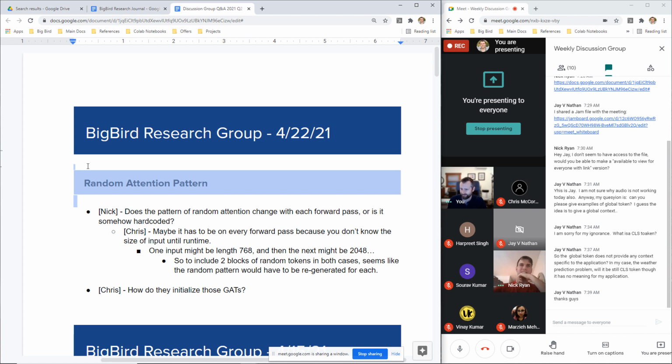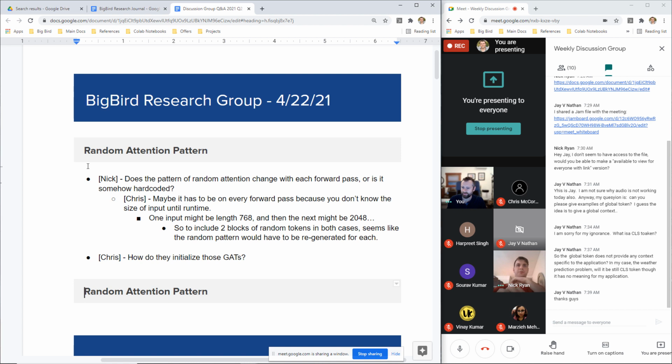You said that BigBird has the same number of parameters as BERT. How does that work, or how is that justified? Okay, well, first of all, I don't 100% know that that's true, because maybe there's some subtle difference that I'm not capturing.